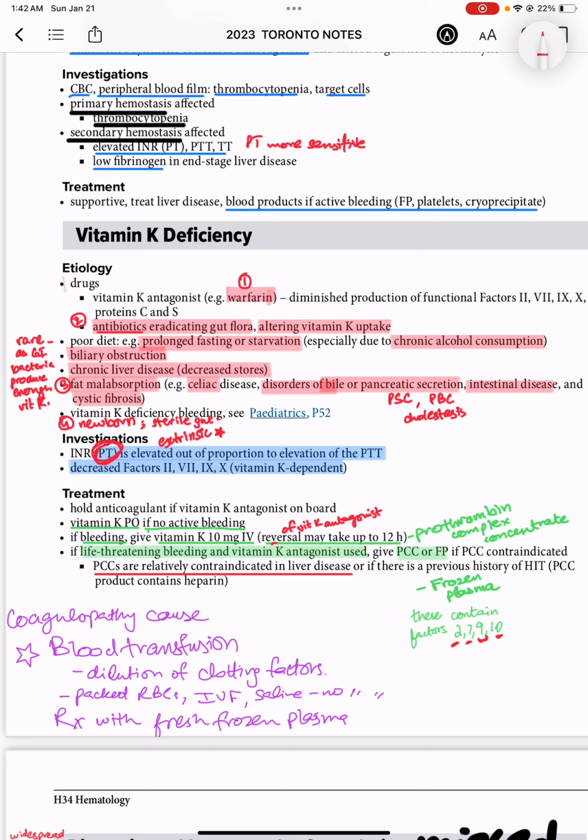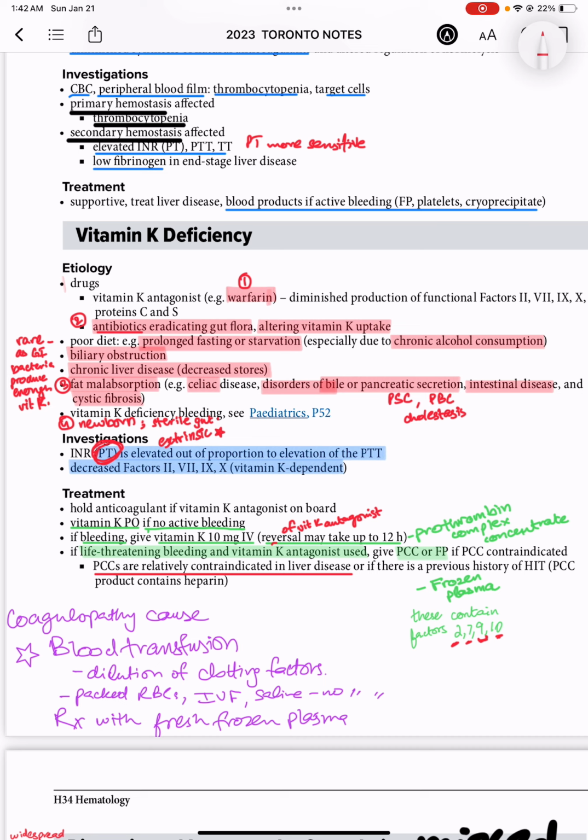So vitamin K deficiency would be there. Similarly, celiac disease or disorders of bile or pancreatic secretion, like primary sclerosing cholangitis, primary biliary cirrhosis, or cholestasis, or intestinal disease with fat malabsorption and vitamin K malabsorption, would lead to vitamin K deficiency.